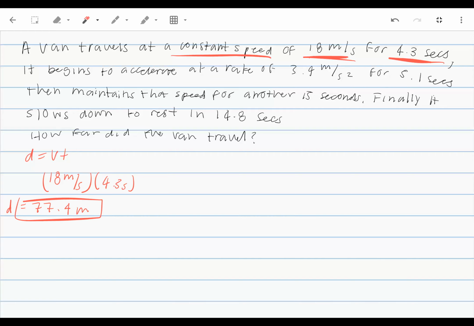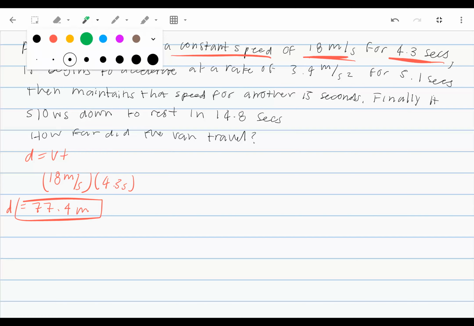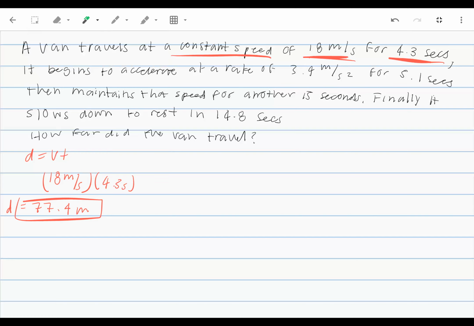Now for the second part, it says it begins to accelerate at a rate of 3.4 for 5.1 seconds. Here we can change colors. Let's go to green. We have to acknowledge what we do have: 3.4 meters per second squared for 5.1 seconds, and it is acceleration. In order to find the distance, we want to see what equation we would use.